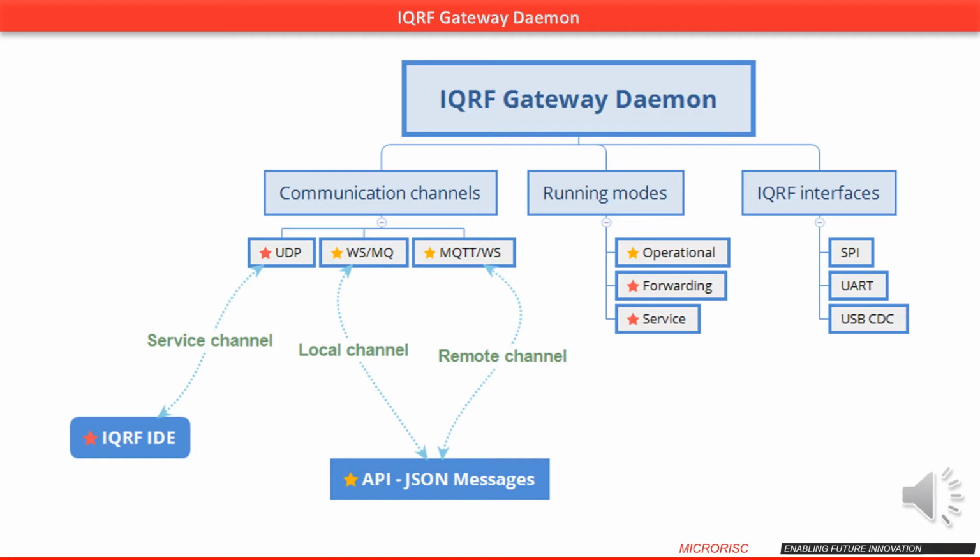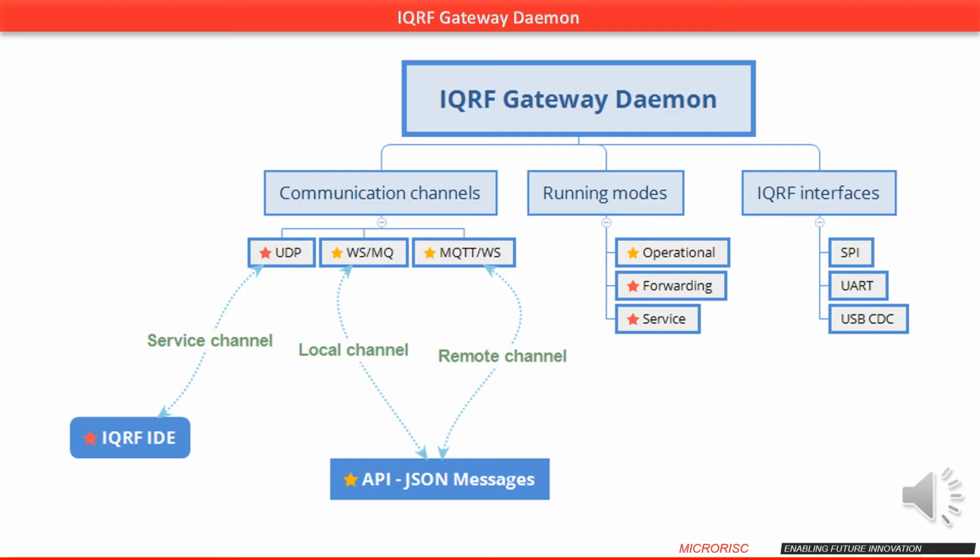There is also a UDP channel, which can be used for service purposes and allows the connection to the Iqrf IDE tool. The IDE is a PC program developed for configuration, testing, and diagnostics of the Iqrf network.